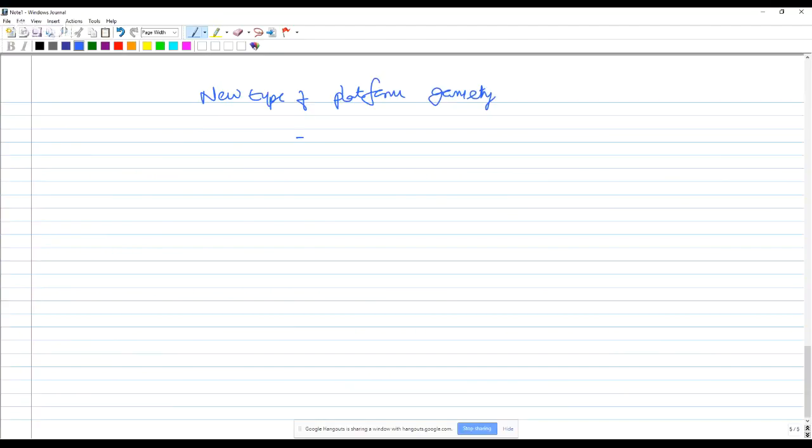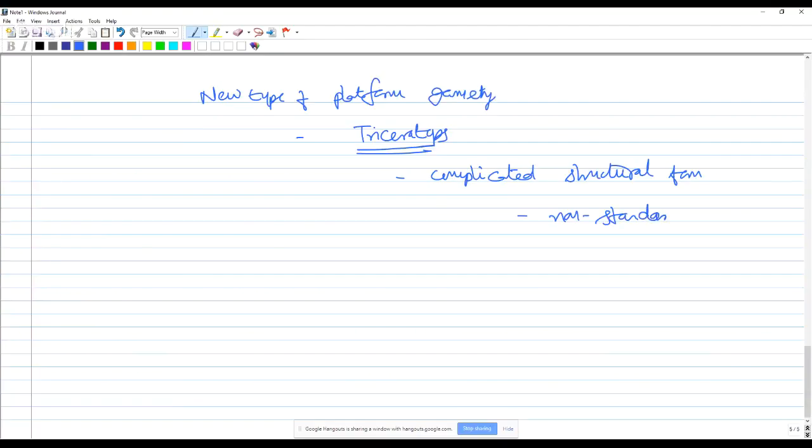However, let's say I am talking about a new type of geometry, which is triceratops. It has got a very complicated structural form, which is non-standard. If it is non-standard, it cannot be actually used by any common software.